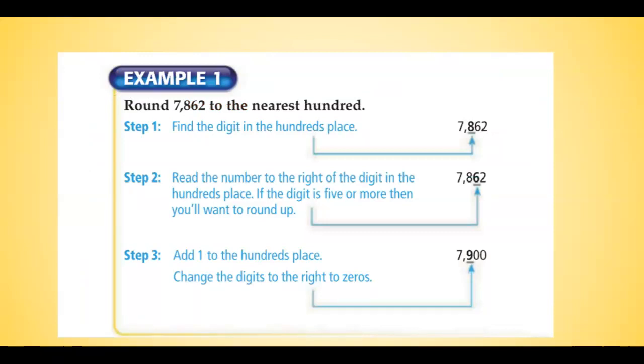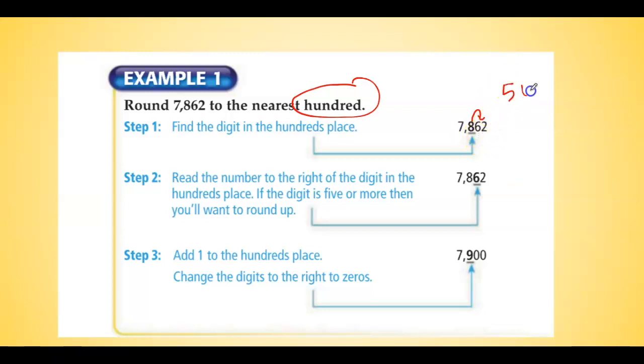Okay, let's look at this example. If I have 7,862 and we want to round to the nearest hundred, so whatever it tells us to round to, that's what we're going to look at. And you can see they looked here at the 8. I'm going to look next door to the right at the 6. So it's 5 or more.